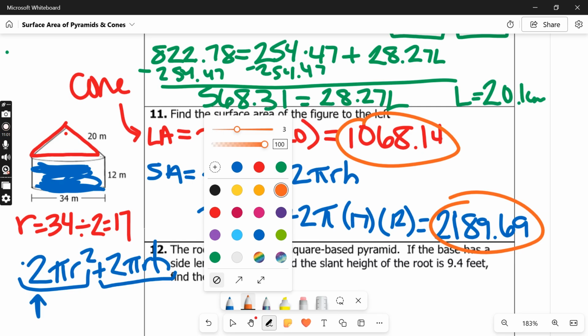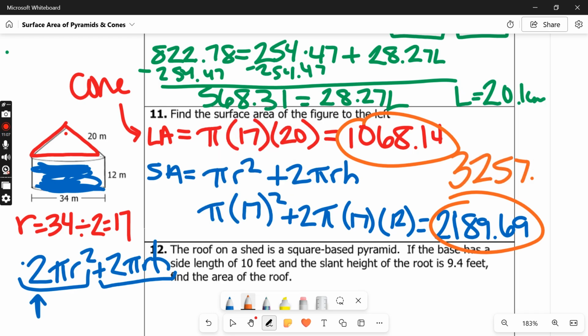When I add them together, I get 3257.83. There's a couple of different ways you could go about it. You could find the total surface area of both and then take off a circle from each one. This is what I found to be the easiest.